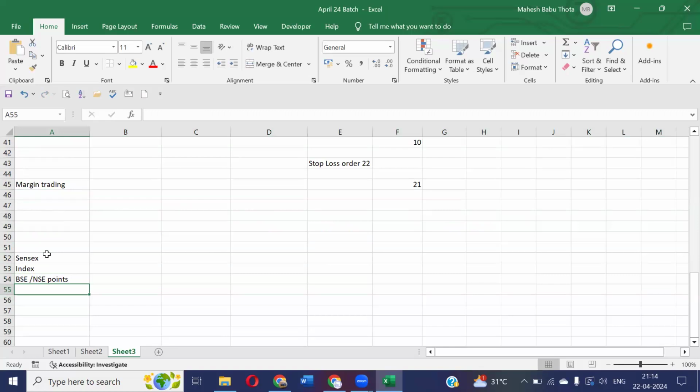What else do we have in the secondary market? Dual trading. Talk about grey markets. The auction market. Okay, auction market, I'll write at the top.